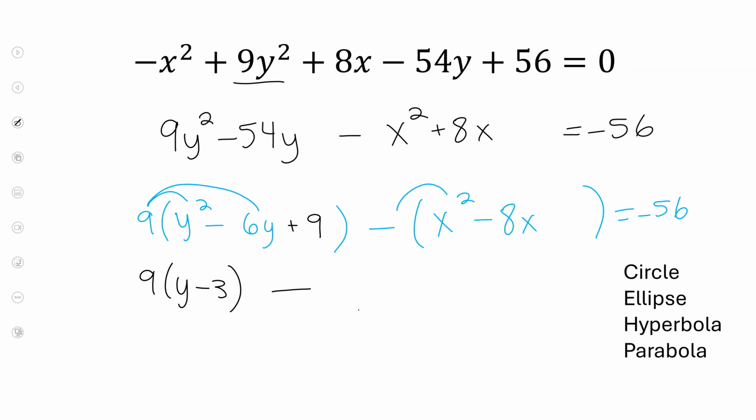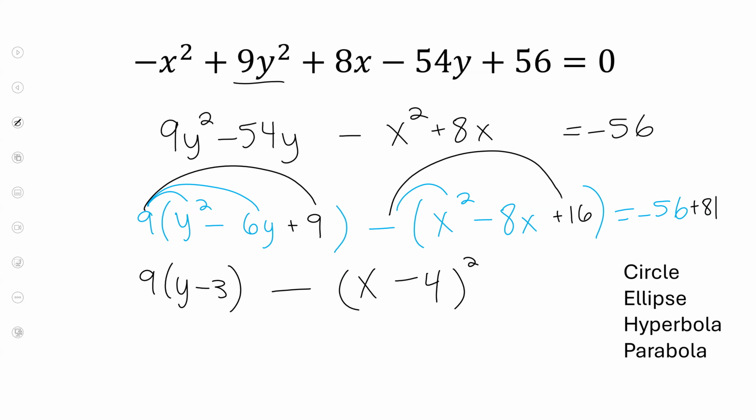Minus, and we got to complete this square. x minus, what's half of 8? 4, square it, you get 16. Okay, so that means I'm going to add 9 times 9, which is 81, to this side. And negative 1 times 16 is negative 16. So I'm going to subtract 16 from this side.